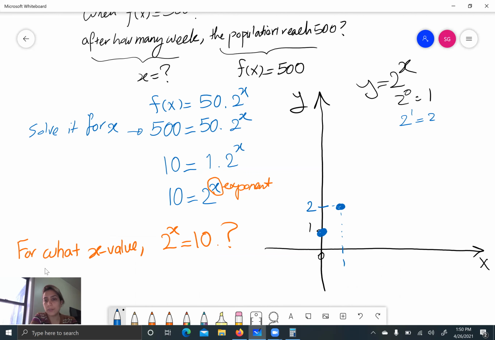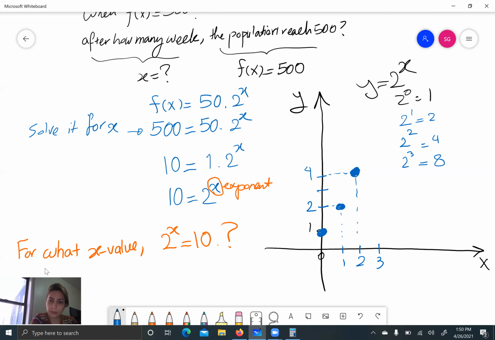What else? We can try it for 2. If you substitute 2 for x, 2 squared gives us 4. So for the input value 2, the output is 4, right? This is another point for the graph. What about 3? 2 to the power of 3 gives me 8, right?